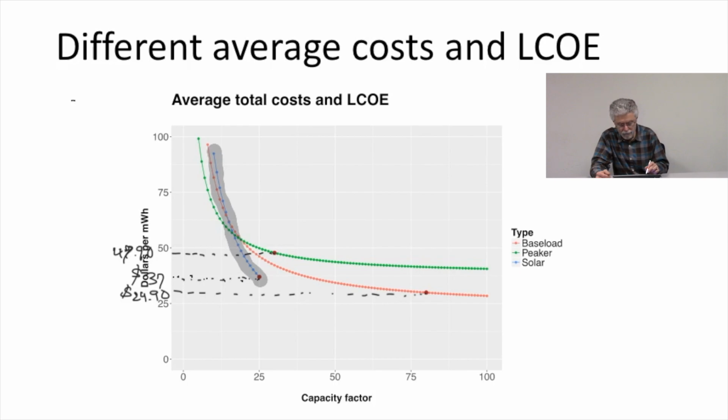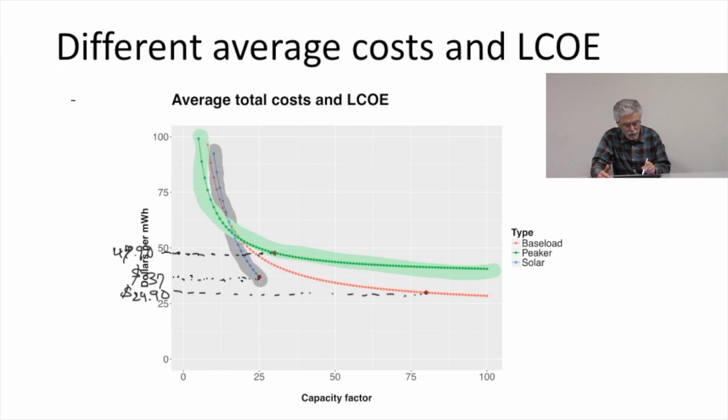And we have our gas peaker here with a levelized cost of energy of $47.90. And remember, the levelized cost of energy is the long-run average total cost of running the power plant at the anticipated capacity factor.